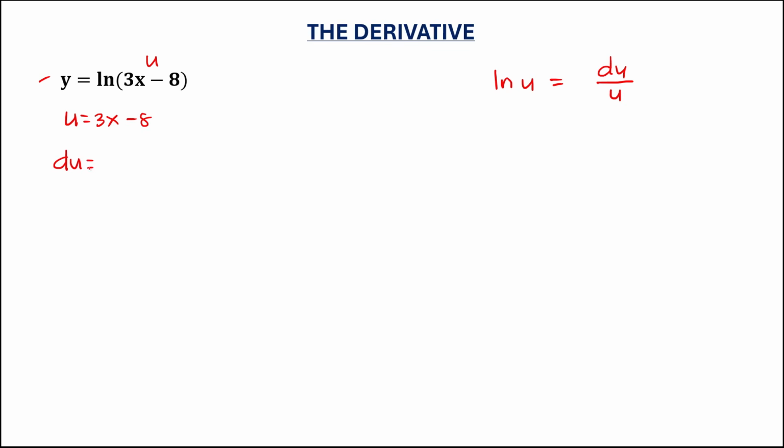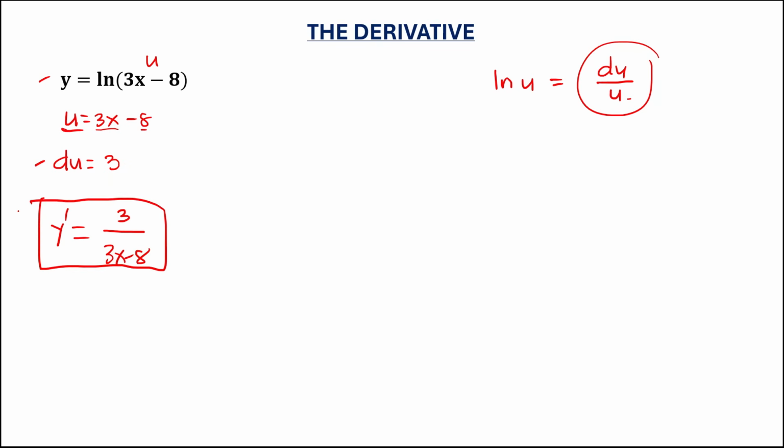The derivative of u: the derivative of 3x is 3, and the derivative of the constant is 0. Then using this formula, we have du equal to 3, over u, where u is 3x minus 8. So this is now the derivative.